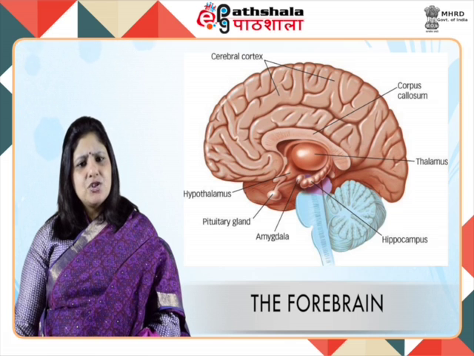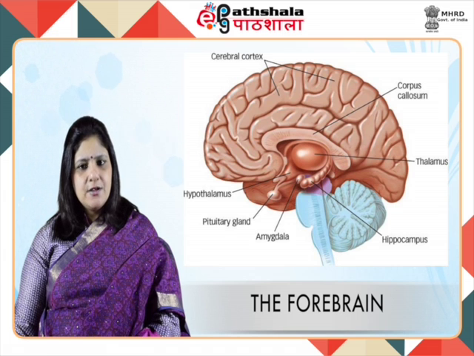The hypothalamus is located just below the thalamus and just above the brain stem. It contains many small nuclei with a variety of functions. The most important function of the hypothalamus is to connect to the endocrine system via the pituitary gland. The pituitary gland controls the other glands of the endocrine system and is also termed the master gland.